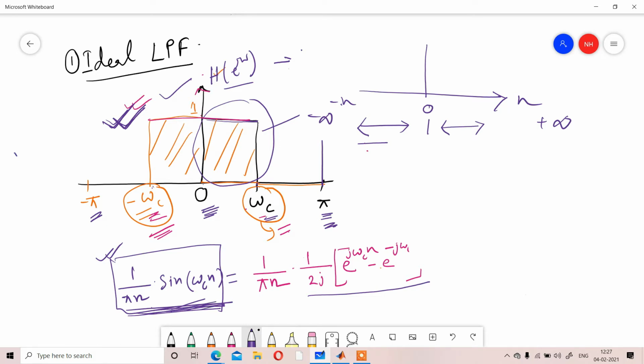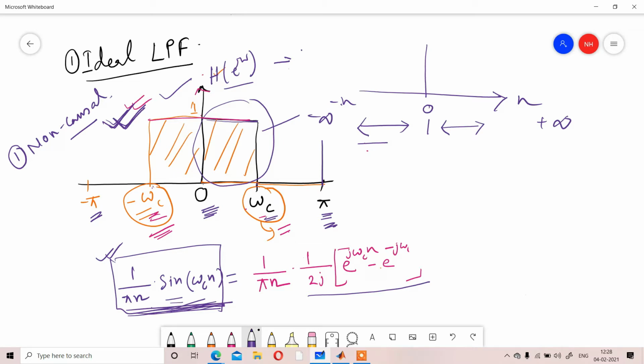So one characteristic of the ideal low pass filter is that the filter is non-causal. Another is whether the system is stable or unstable. What is the property of stability?